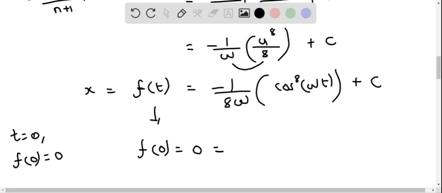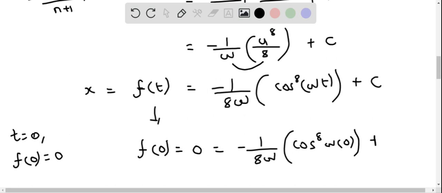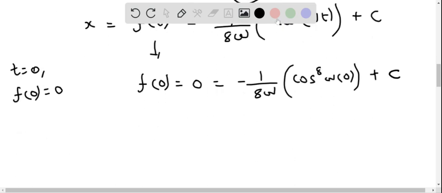So we put 0 equals negative 1 by 8 omega cos power 8 of omega t replaced by 0, plus the integration constant c. And we know that the value of cos of omega times 0 is cos of 0. So it is cos power 8 of 0.